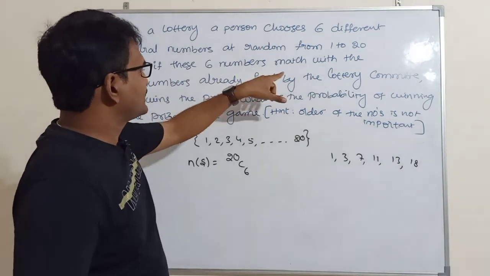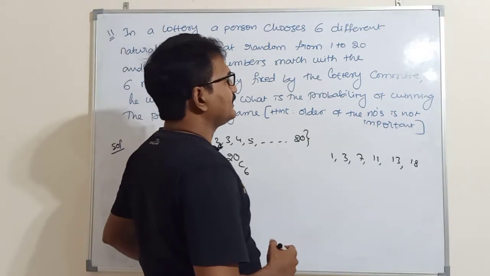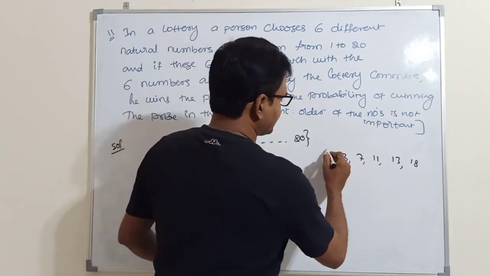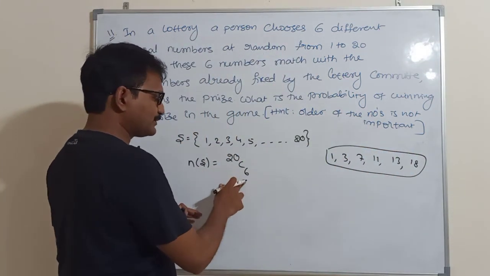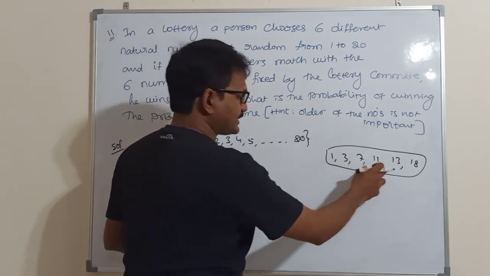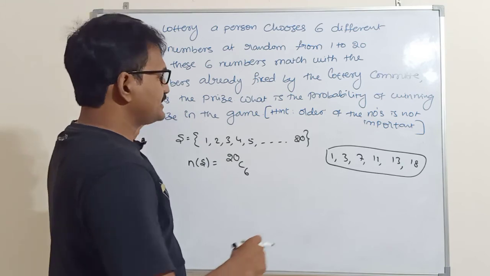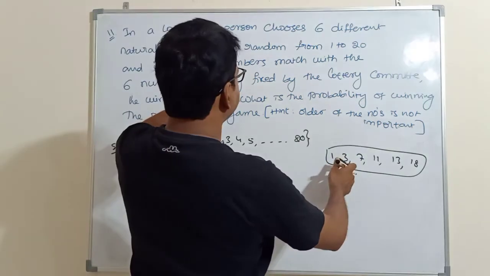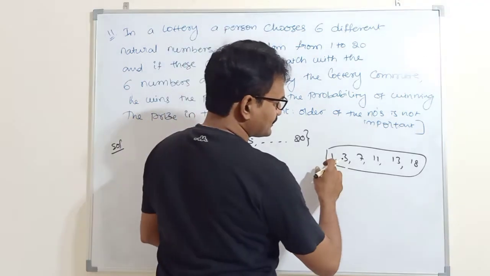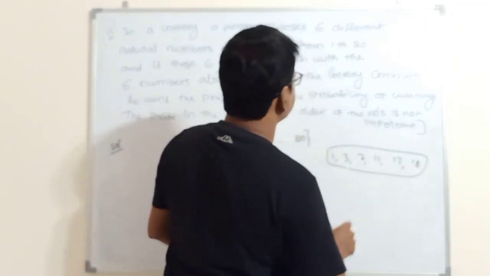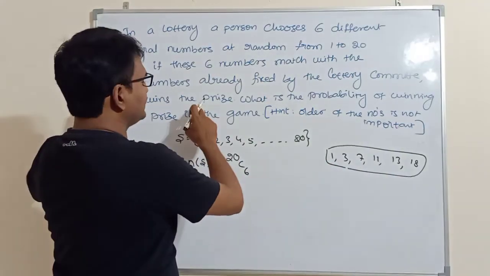And if these 6 numbers match with the 6 numbers already fixed by the lottery committee, then he wins the prize.